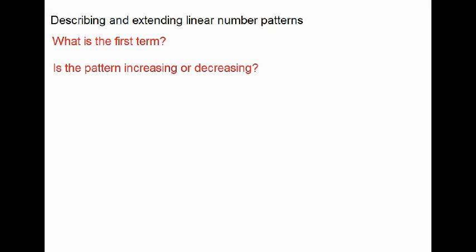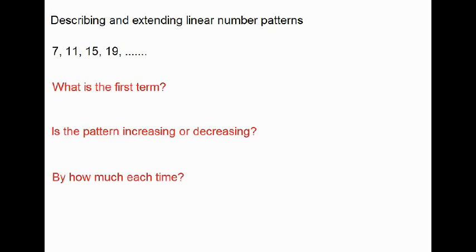The second question you want to ask yourself is the pattern increasing or decreasing? So are the numbers getting bigger, or are the numbers getting smaller? And finally, you want to ask yourself, well, how much are they increasing or decreasing each time? So let's look at a couple of examples where we'll answer these 3 questions.